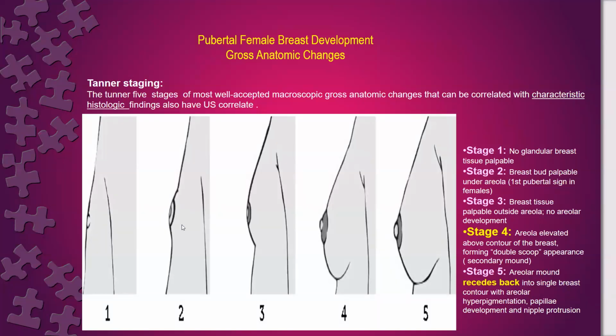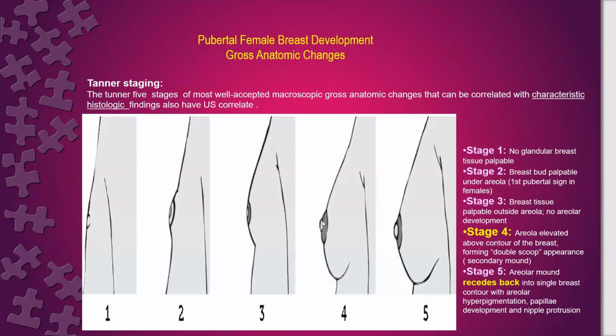Then at thelarche, they will have Tanner 2. And then to adult life, they will develop 3, 4, because we said from puberty to adult life, still there is development of the breast. So the breast will go through 3, 4, and 5.